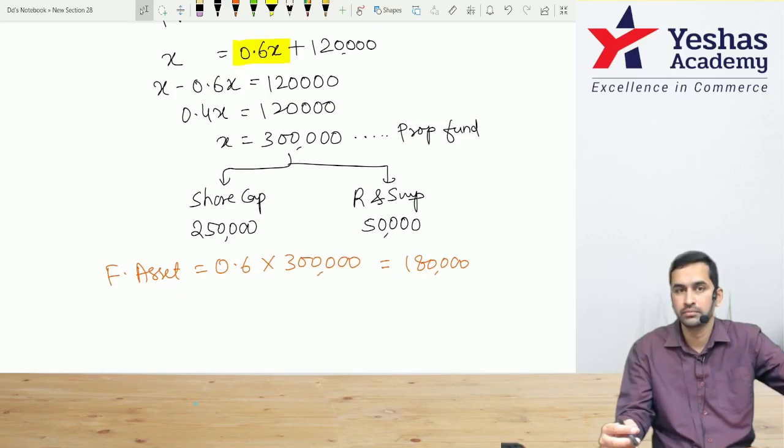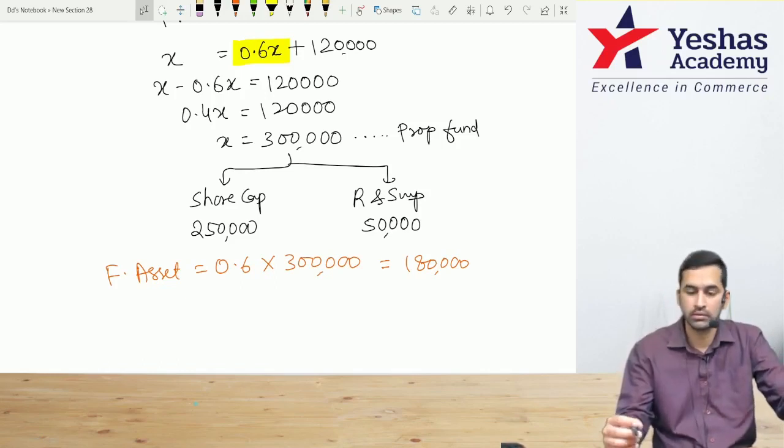Copied. Now you can write these numbers in the balance sheet.